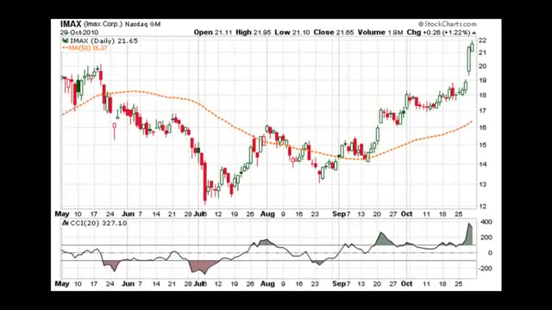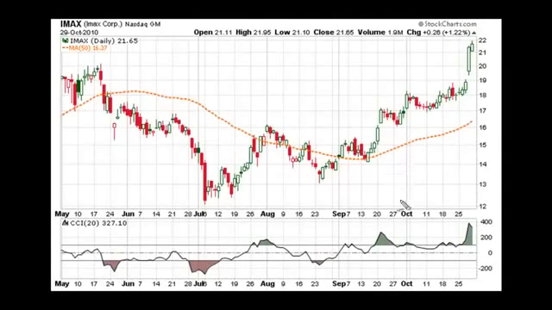Now let's look at the second strategy, which is the reversal strategy. And what you do is you use CCI to identify reversals. Okay, and now we're looking at IMAX, symbol IMAX. And here we have a buy signal that's being generated because CCI is crossing above 0.